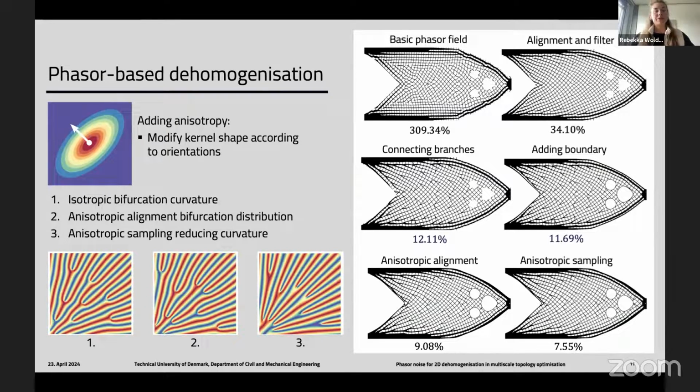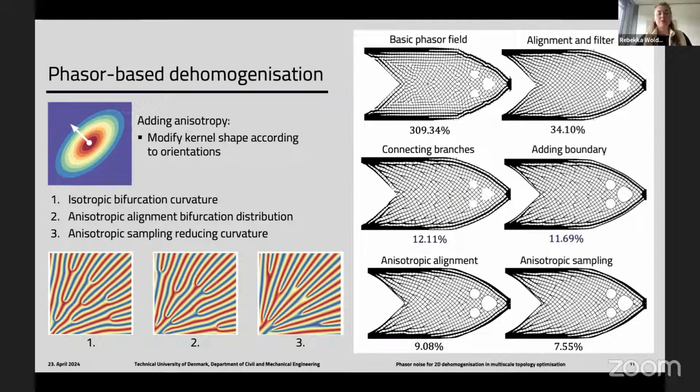The final major improvement introduced for de-homogenization is the addition of anisotropy. And in this case, anisotropy is considered as modifying the impact of a phasor kernel, where it is increased along the direction of the laminations and reduced normal to the laminations to limit the amount of curvature around the branching points.